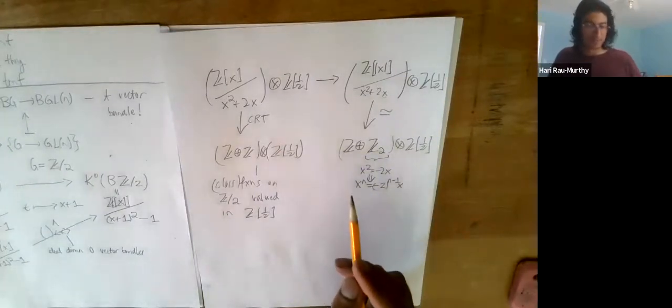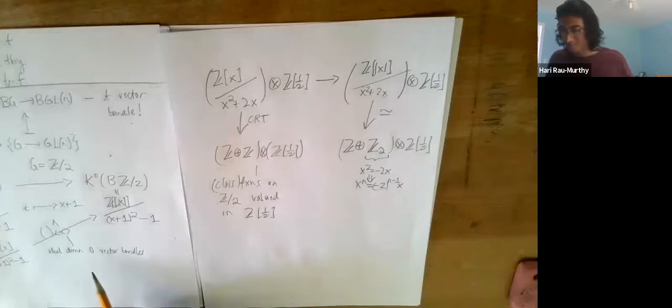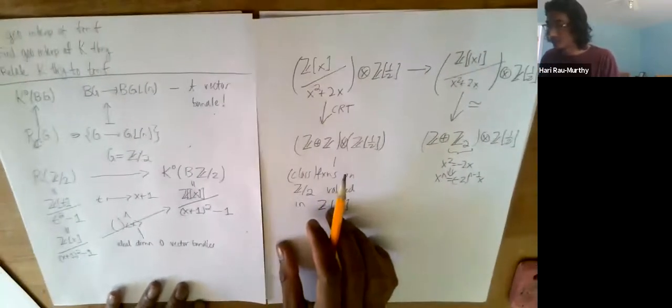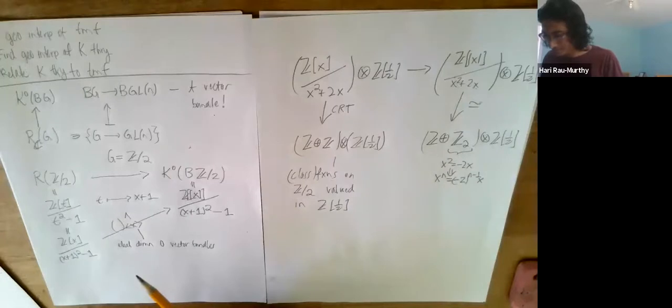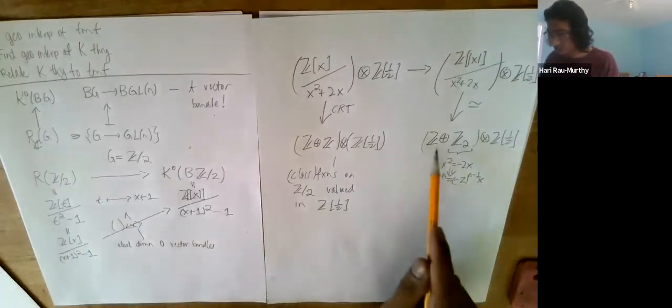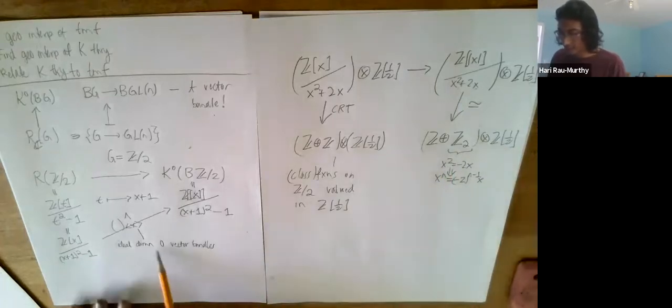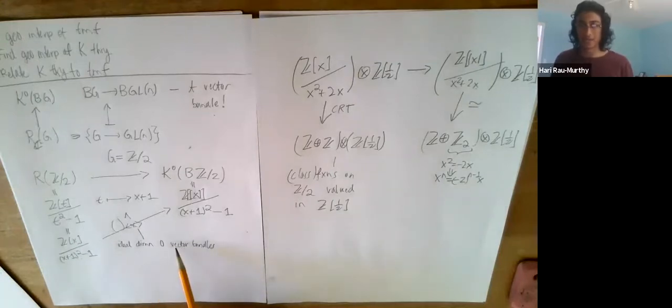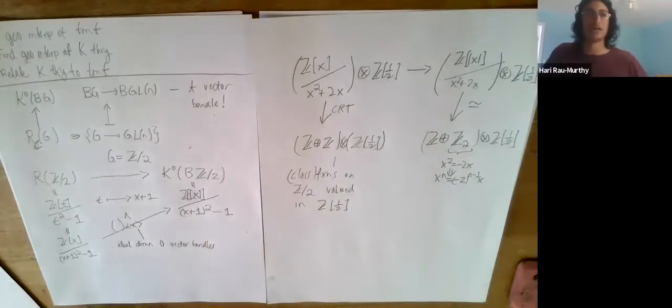Now, here's the problem. I'm trying to write down a description of K-theory that generalizes easily to higher height cohomology theories. And so I can't have in the description of this completion that I'm completing at the ideal generated by dimension 0 vector bundles. I can't do that because vector bundles don't have a nice, easy generalization to higher heights.